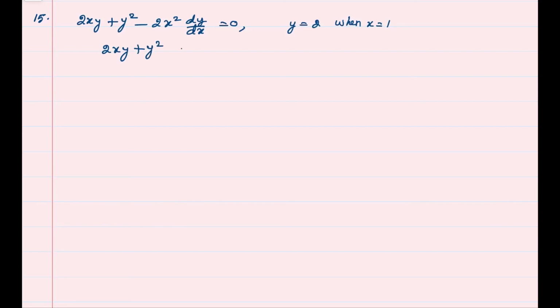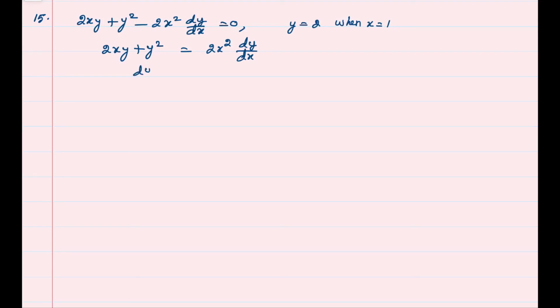Let's do question 15. 2xy plus y square minus 2x square dy by dx is 0. y is 2 when x is 1. 2xy plus y square is 2x square times dy by dx.